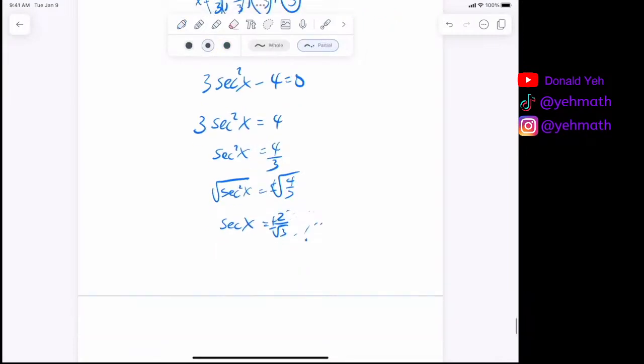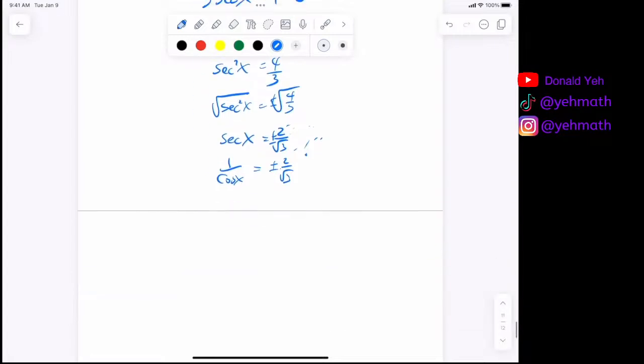Now the problem, secant is what? 1 over cosine. So here's the trick about algebra: you can flip both sides simultaneously. This is how a proportion is proportional. So you can flip this side: cosine of x equal to square root 3 over 2. Now you become something you're familiar with. And then x is equal to pi over 6, right? And that's it.